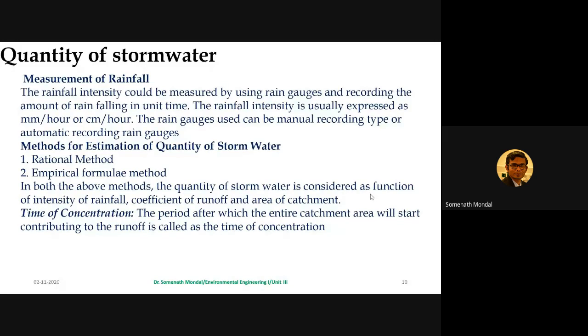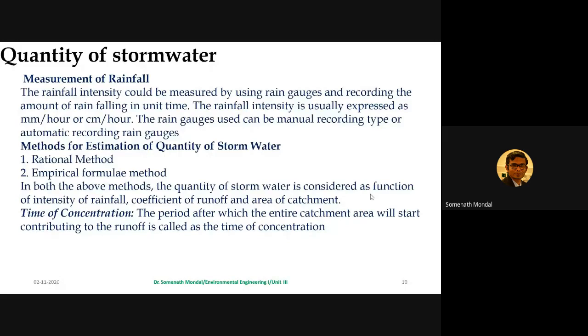So, what is stormwater? Basically, it's an after effect of the rainfall. Once the rainfall is happening, we consider the entire catchment area and the coefficient of runoff, because the entire precipitation which is coming on the surface will not be accumulated as stormwater.